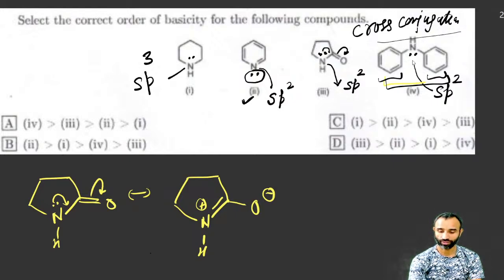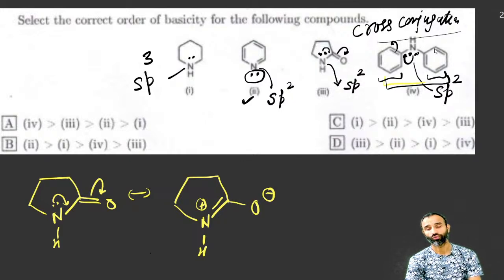When this lone pair is given to this ring, the other ring will act as an electron withdrawing group. It tries to withdraw electrons.